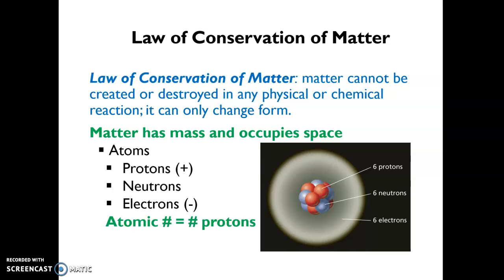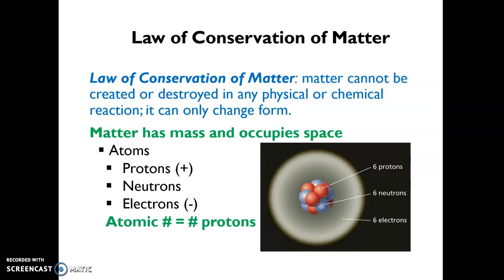Next we'll look at how this concept of having an atom translates into being an element. In this example, we have carbon, and it has 6 protons in its nucleus, or an atomic number of 6. Whenever you have an atom with 6 protons in the nucleus, that atom is the element carbon.